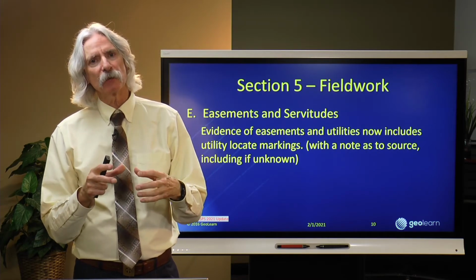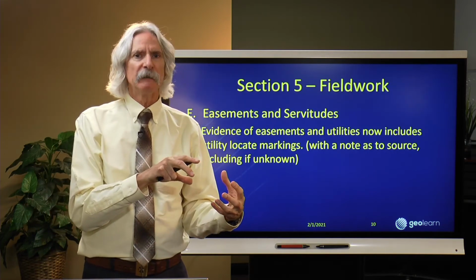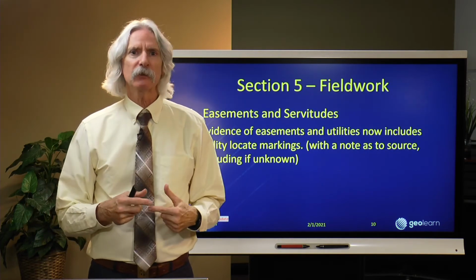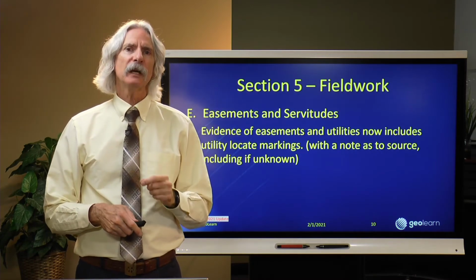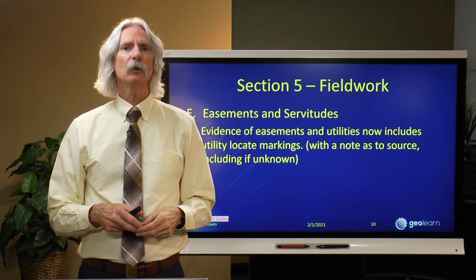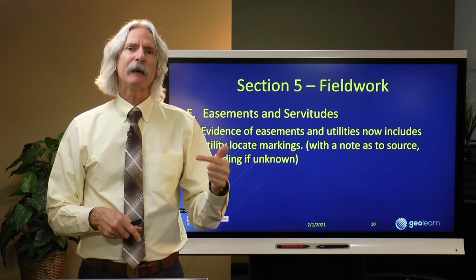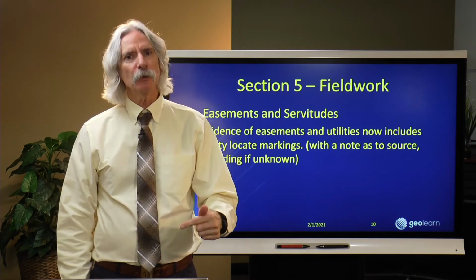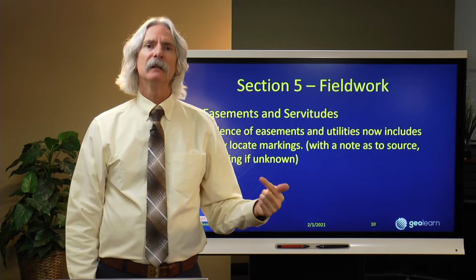So paint marks count, and the reason we did that is because those are also evidence of easements. So when you look at Section 5E, items 1, 2, 3, and 4 in the 2021 standards, you'll see reference to utility locate markings because the committees felt that is valid evidence of a utility, which means it's also potentially valid evidence of an easement.